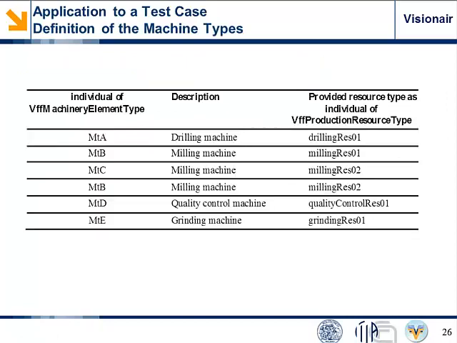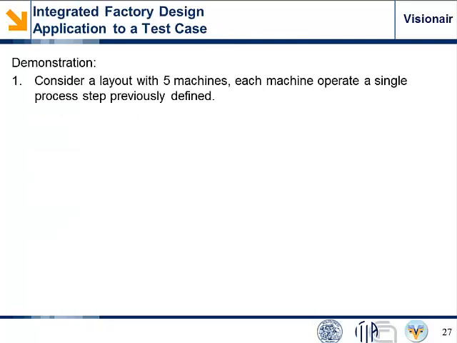So I'm starting with 5 machines. Each machine provides the execution of a step, and then I will try to measure the performance of the system. So I consider a layout with 5 machines, each machine operating a single process step.